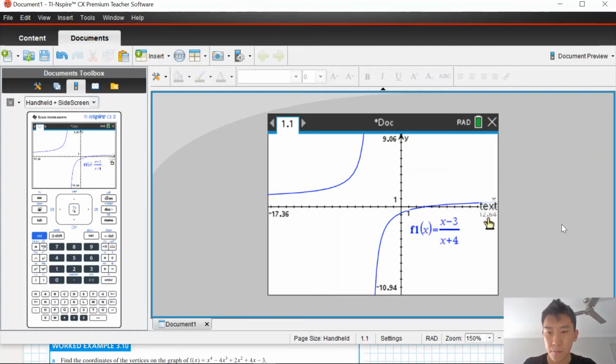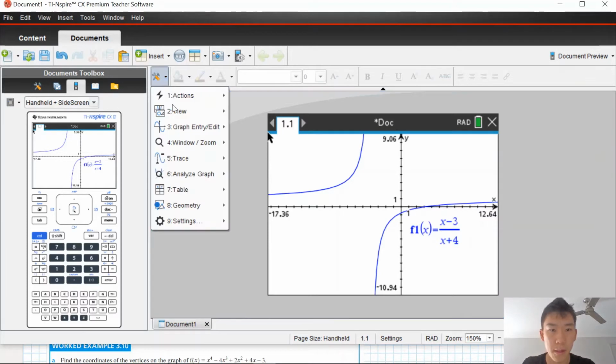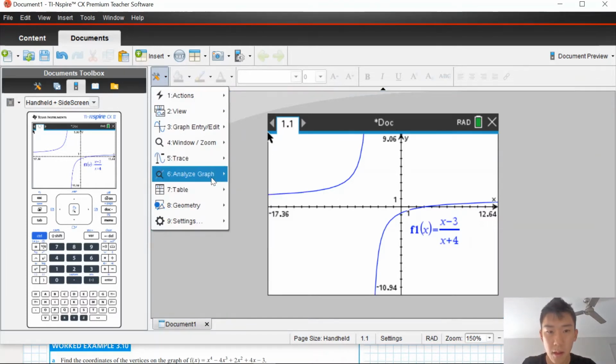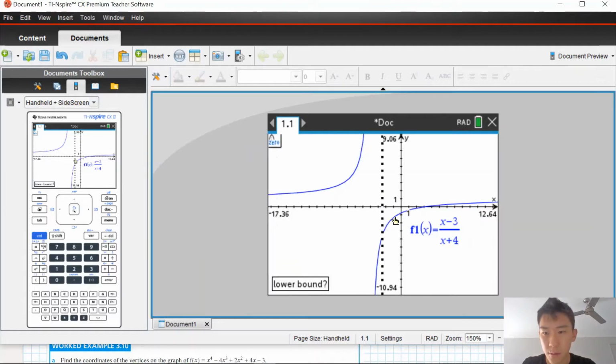Alright, so we want to label all intercepts and asymptotes. We can use the calculator to help us find the intercepts. So I'm going to go into Analyze Graph, Zero. Zeros are just your x-intercepts or your roots.